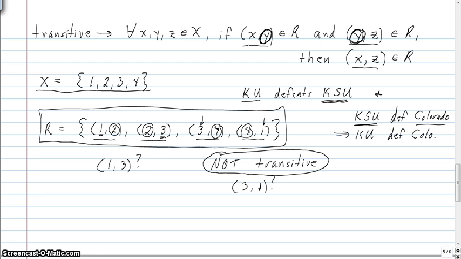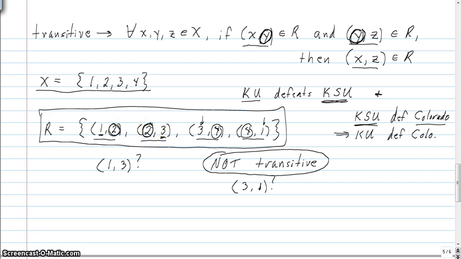Now, if you had a relation that was transitive, it would probably take a long time. You would have to go through and inspect every possible pairing of elements in the relation where you have this second value matching the first value, right?